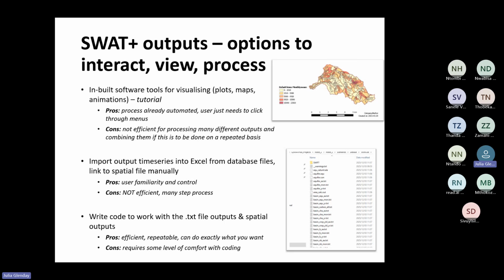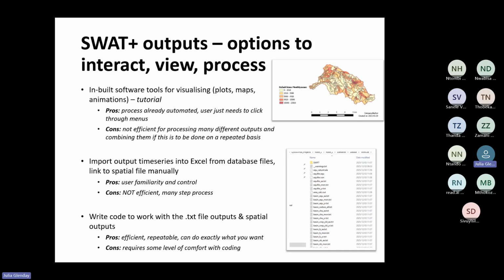And that's much more efficient in terms of you don't have to work your way through menus every time. You write your recipe, your code of what you want it to do, and you can rerun it quickly as many times as you want to pull out your statistics and your graphs and your maps the way you want them. It does require some level of comfort with coding.